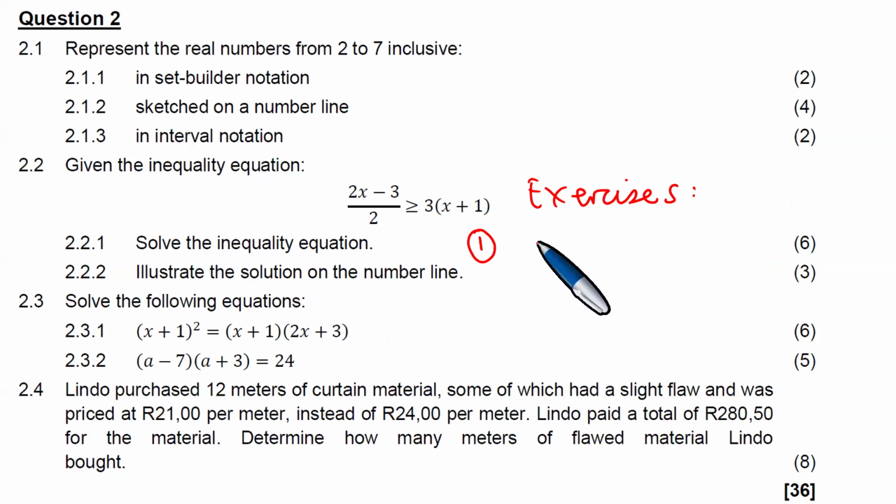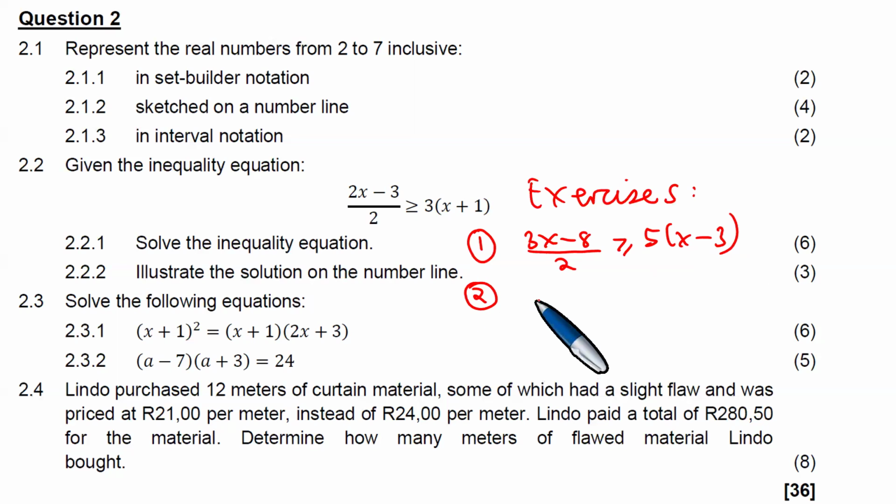For example, I can give you 3x minus 8 divided by 2, 5x minus 3, and x minus 4.